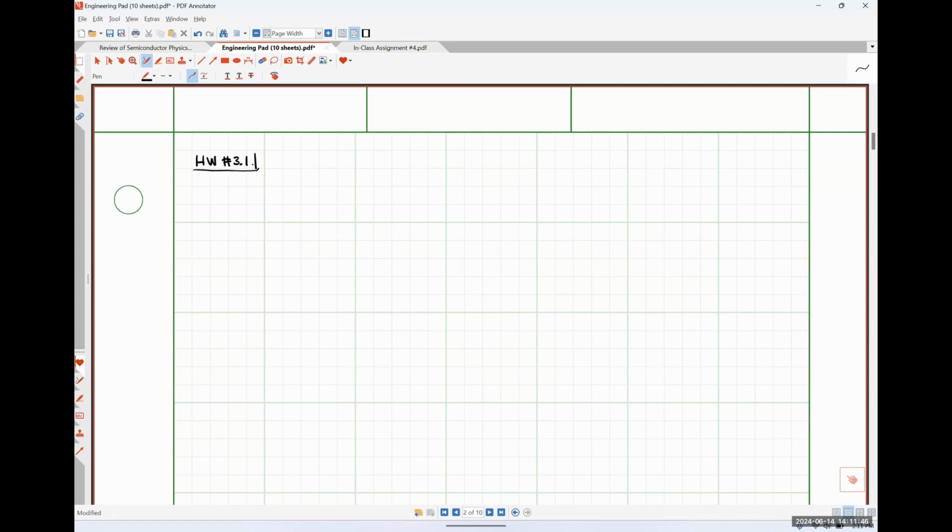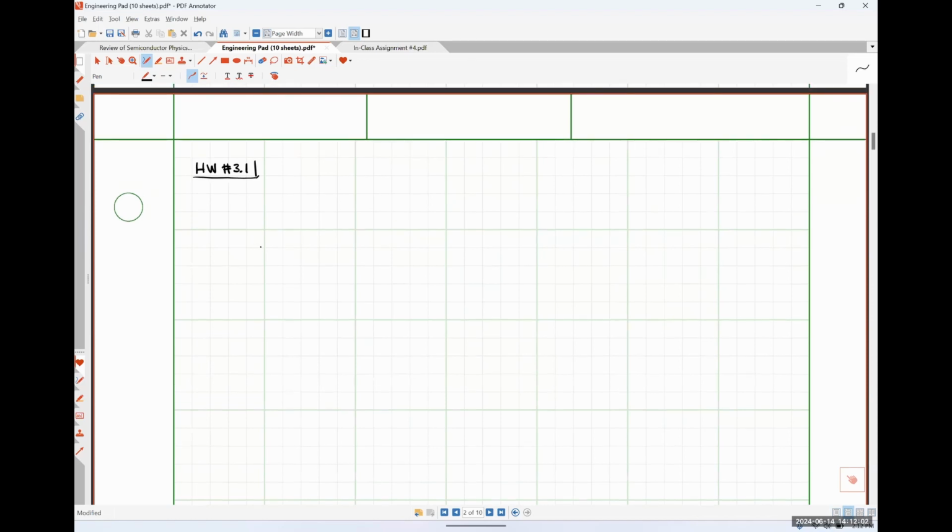So our first big step in this particular problem is going to be to redraw the circuit in such a way that it's more akin to what we're used to. Okay. So we have this very gross looking circuit.